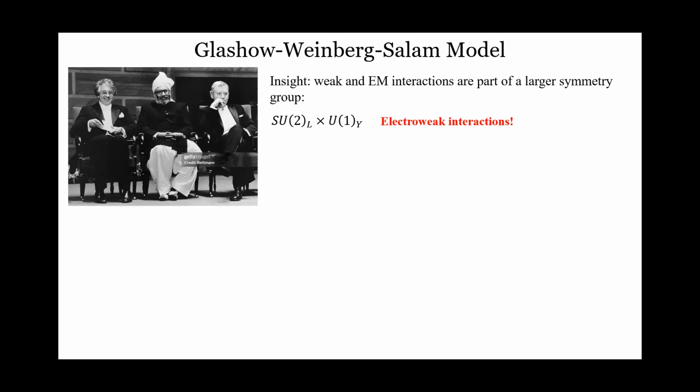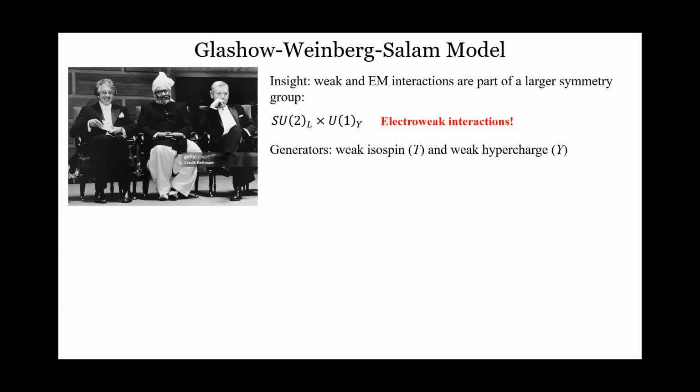So that's chirality, but we're not going to go deeper into that. But basically, this is the group that they envisaged encodes electricity, magnetism, and the weak interaction. So we call it electroweak interaction.